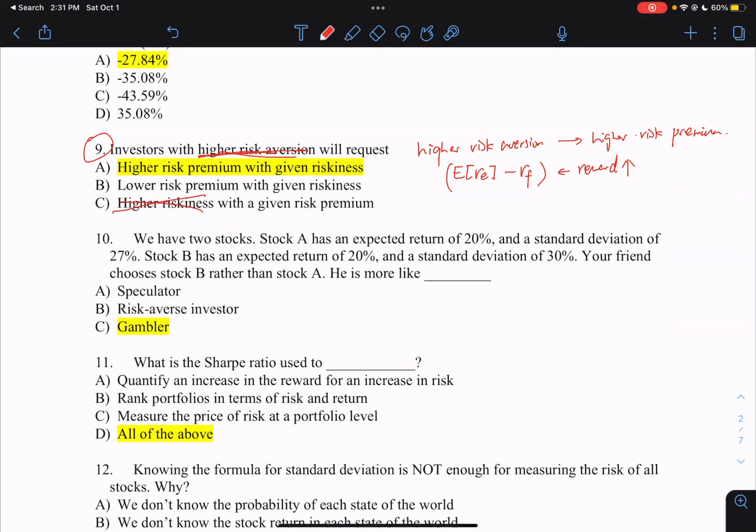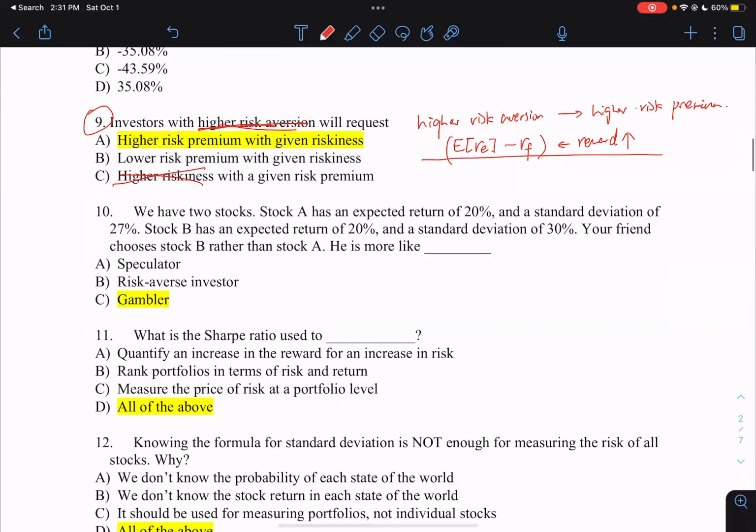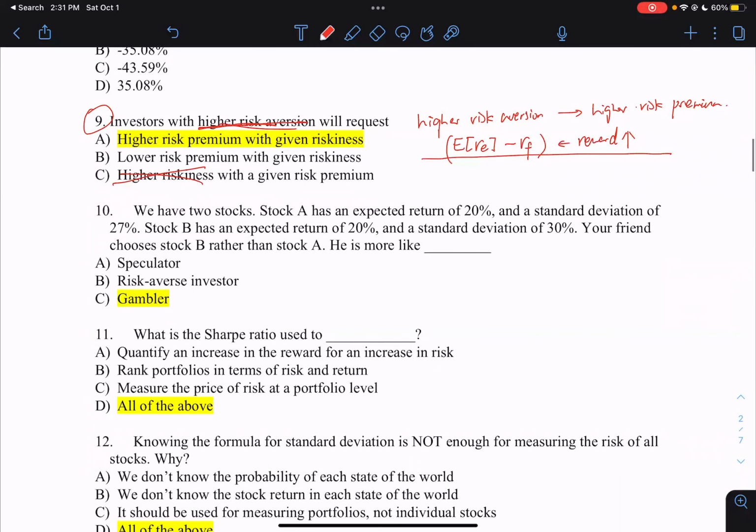Why is that the case? There is a mechanism underlying it. Because RF is just some constant number, it doesn't matter. What changes is this term, the expected return on the stock.